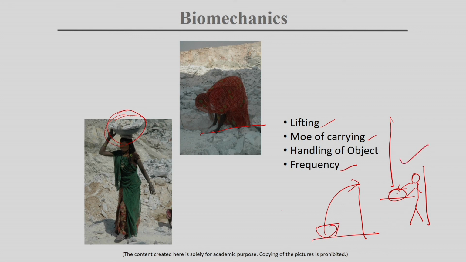So we can change the posture in this way to put something. When you are designing furniture or this object, we have to take care of these things. It will depend on how many times the person is doing it. So it is very important to understand the biomechanical issues when you are designing a workstation or this type of object.